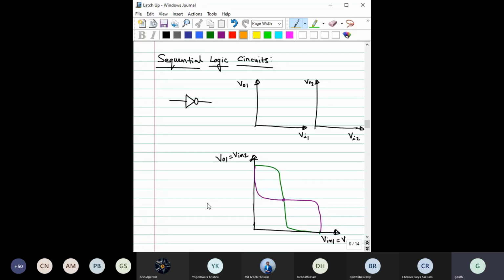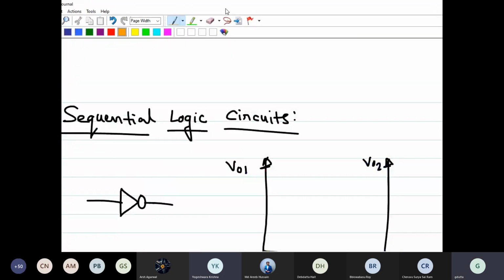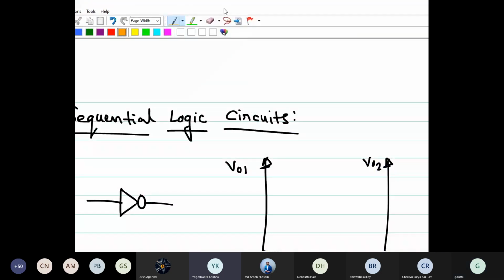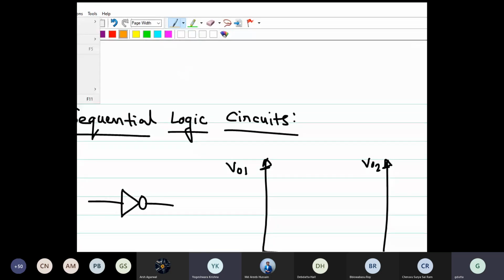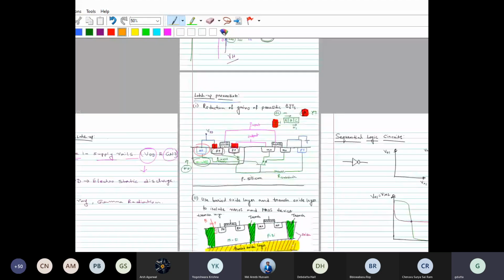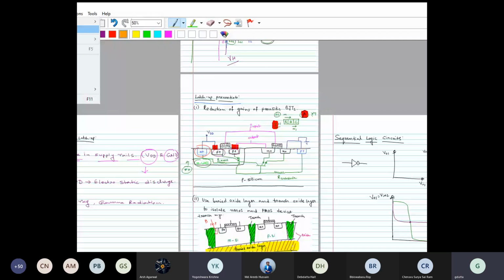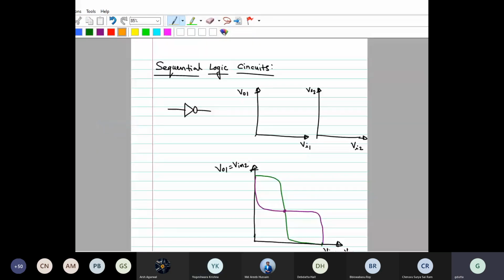Okay, so those who are attending offline might think, why have I made the screen like this? Why not full screen? I will show you what will happen if I do that. You understand? We can reduce the size. So this view zoom say 50%. This view zoom say 85%.